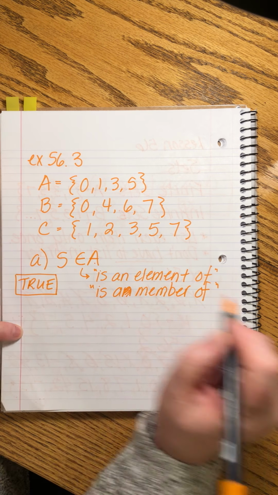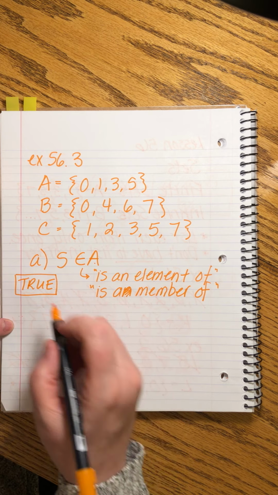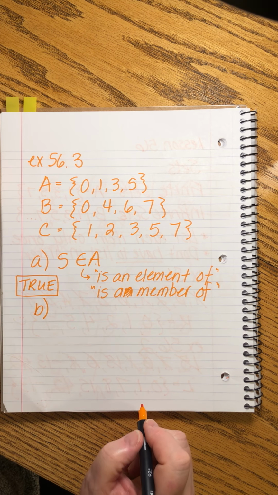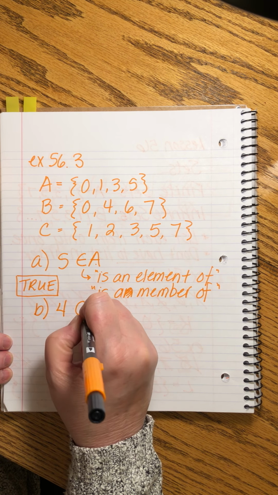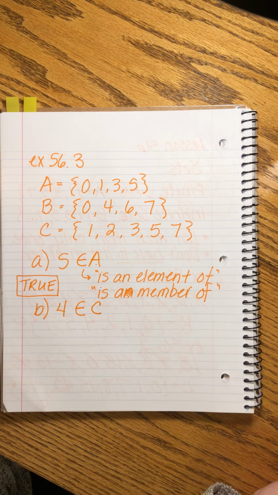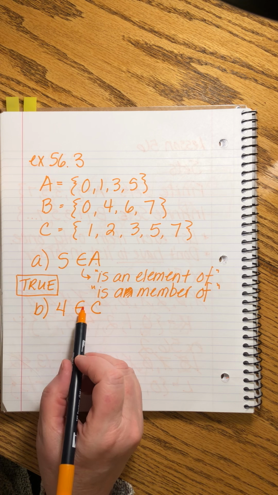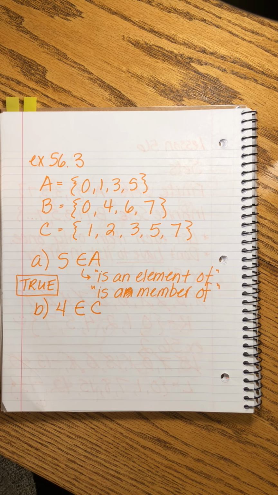Not so hard, right? Okay, we're just decoding this. B. The next question is, 4 is an element of C, okay? This is kind of like a rounded E. It reminds me a little bit of the symbol for the euro, right?